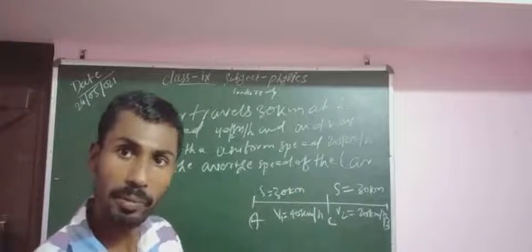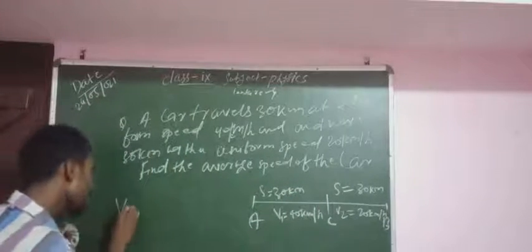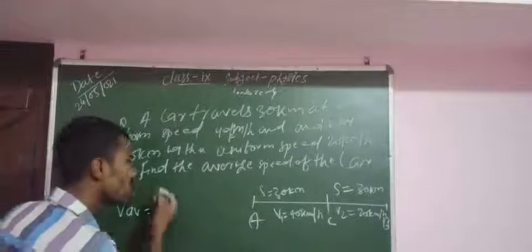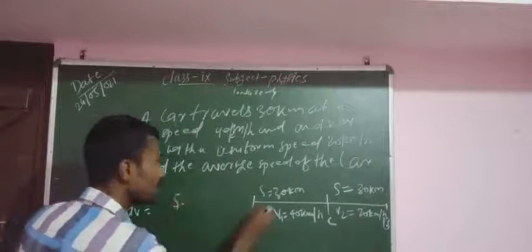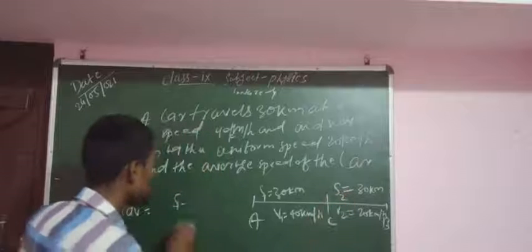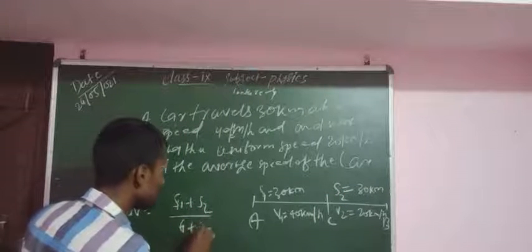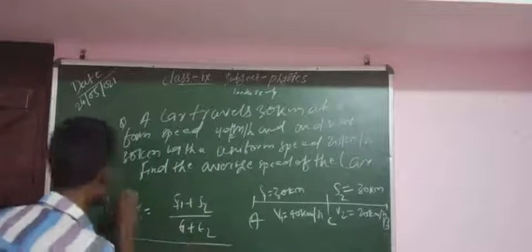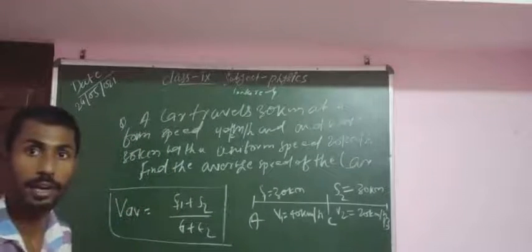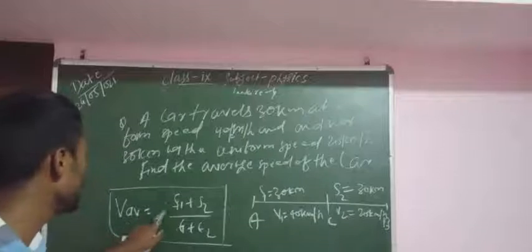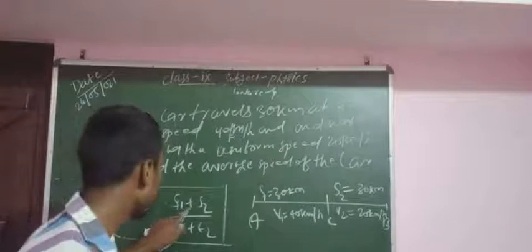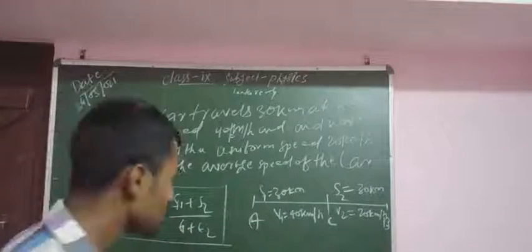Simply from the formula, as we know, V_AB will be equal to total distance by total time, that means S1 plus S2 by T1 plus T2.